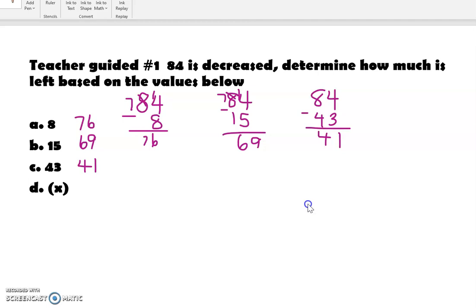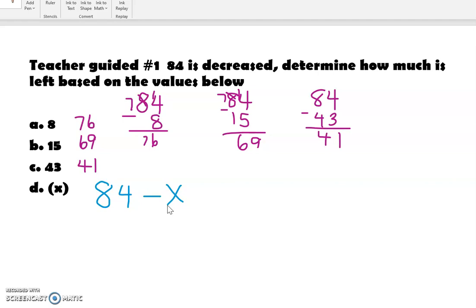So what I'm taking away is what is changing. So when I write my equation, my variable will go where I have those numbers. 84 is staying the same, so when I write this equation, I'll leave 84 as itself, and then again, what I'm taking away will be represented by the variable x.